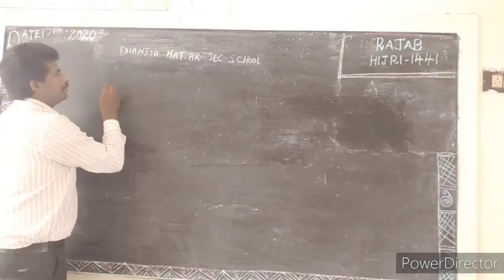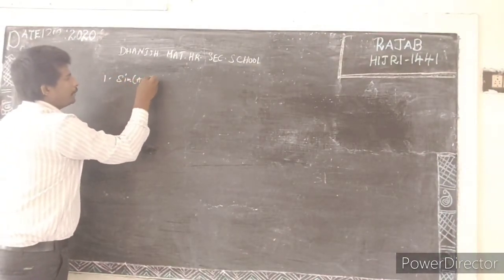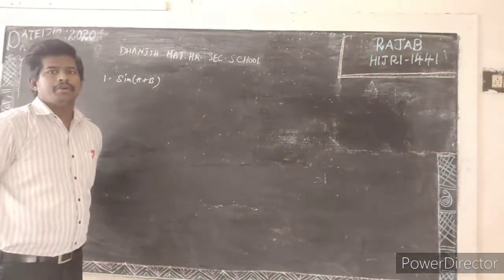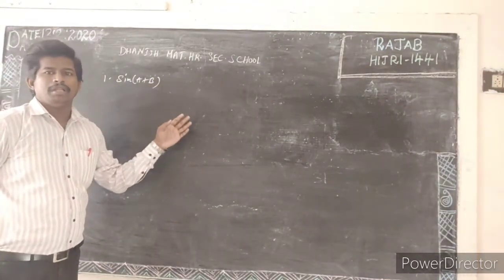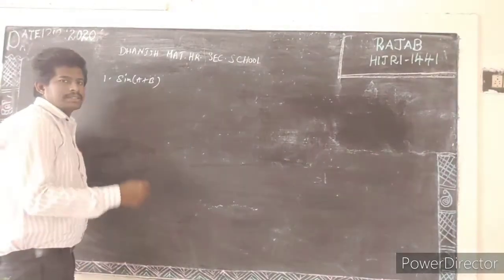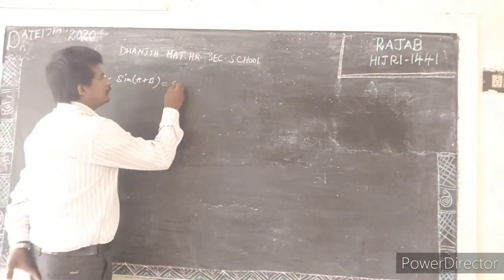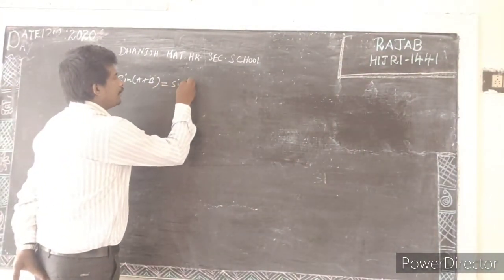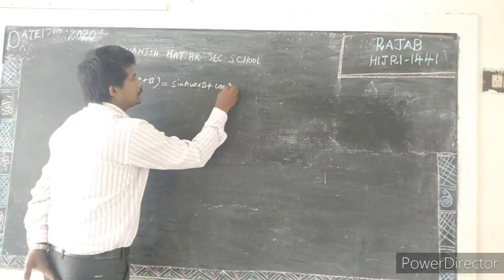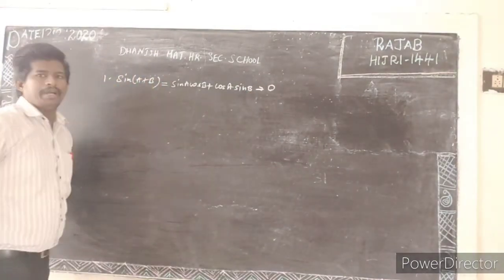Let us see the first one. First we are going to write some formulas we have learned from the previous class. Sine of A plus B equal to sin A cos B plus cos A sin B. We can consider this as equation number 1.